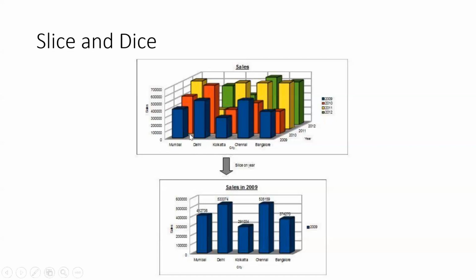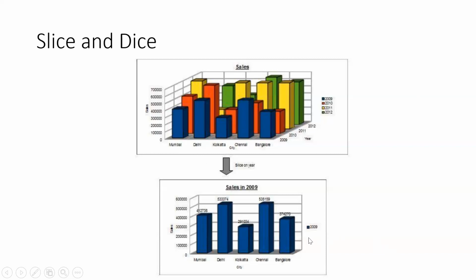Now, what is slice and dice? In visualization dashboards, there should be some filter in the UI. A user interface filter can be on top of maybe year, or on top of city. I can choose any one of them. From city, suppose I haven't chosen anything. From year, I have chosen 2009.